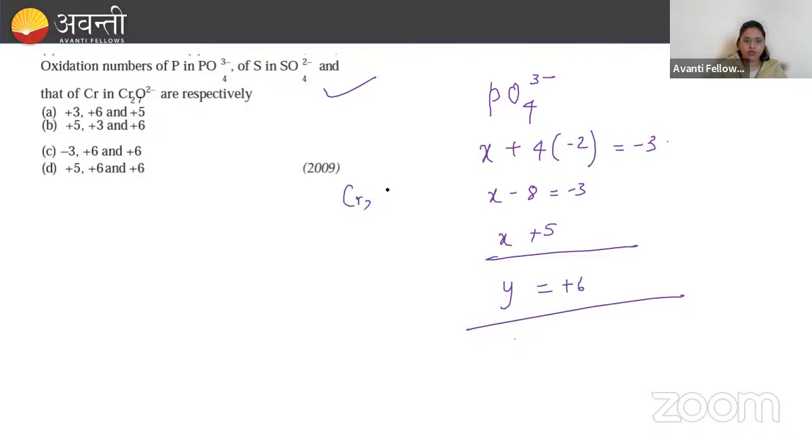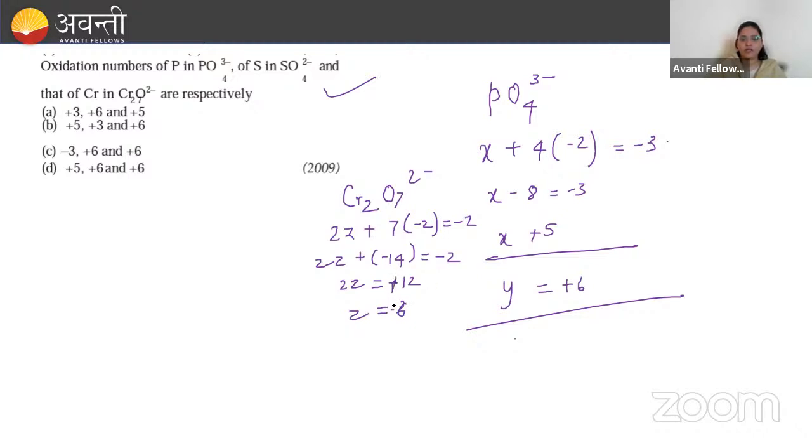So there are 2 times of Z plus 7 times of -2 is equal to -2. So 2Z plus -14 is equal to -2. So 2Z is equal to 12. So Z is equal to +6.